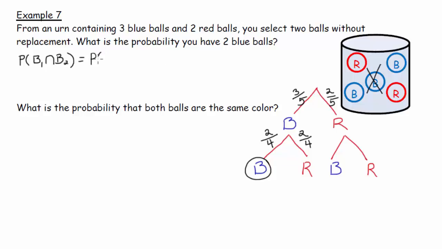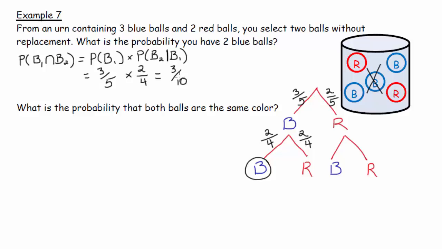That's the probability that I get a blue on my first times the probability that I get a blue on my second, but I have to assume that I've already gotten that blue on the first. So this is going to be 3/5 times 2/4, which would be 3/10.